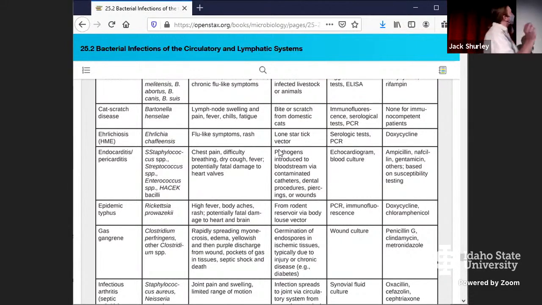I'm not 100% sure with this, but I think it is the Lone Star tick. And it's not a bacterial infection if I remember correctly. I think it's something within the saliva of the tick itself. And like I said, I'm not 100%. I'm pretty sure it's the Lone Star tick.